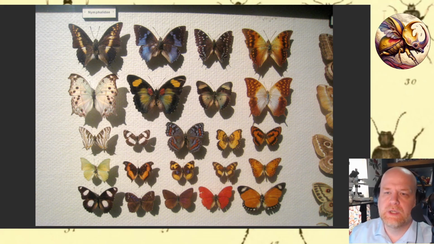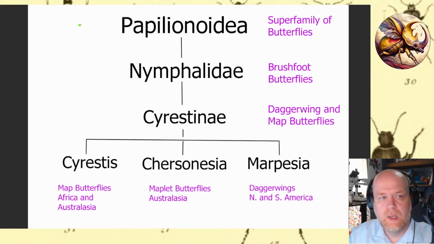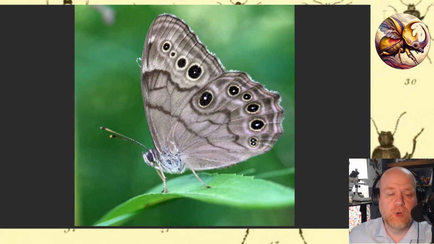I wanted to start with the nymphalids and talk about the subfamilies which make up the nymphalids, because the Nymphalidae are actually a very large group. Like I said, the butterflies fall into the superfamily called the Papilionoidea, and within those, I wanted to start on the nymphalids. These are the brushfoot butterflies, called that because they tend to have very hairy feet.